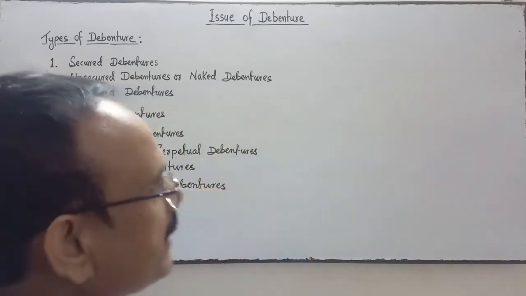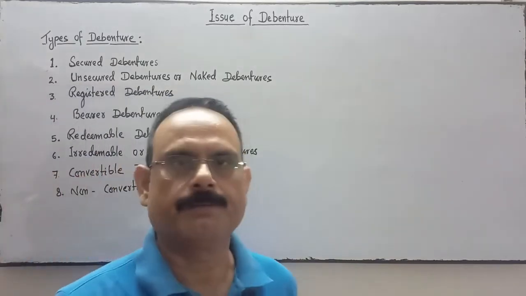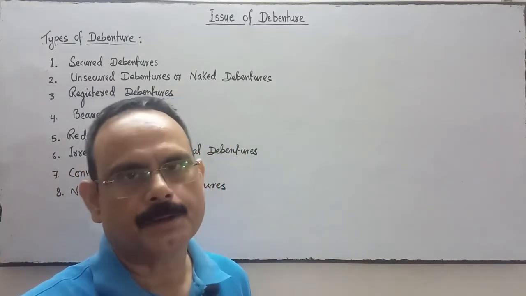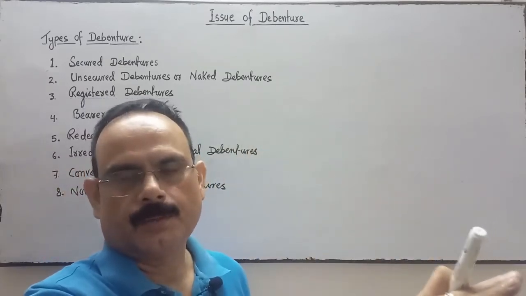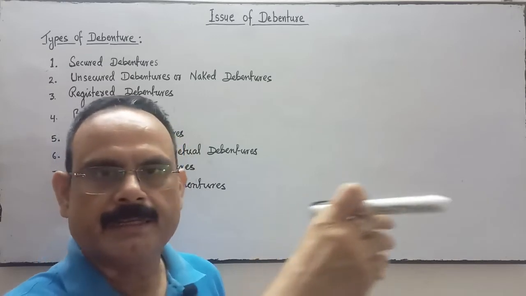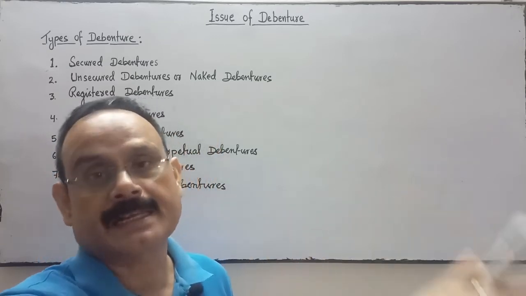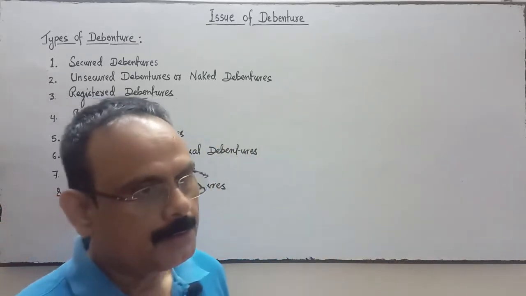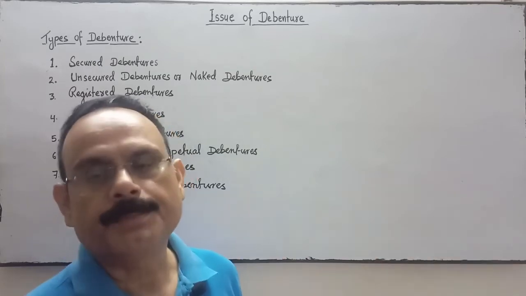So the first debenture is the secured debenture. What is a secured debenture? When the company has given any security against the issue of such debenture. When the company is issuing a debenture and has given security of a particular fixed asset, or not particular, all assets of the company.